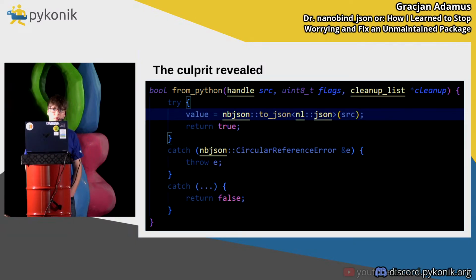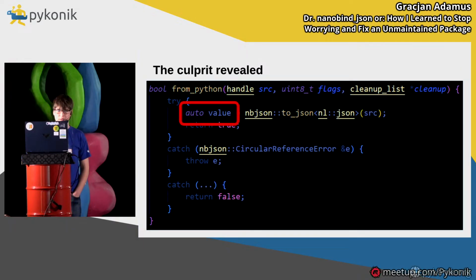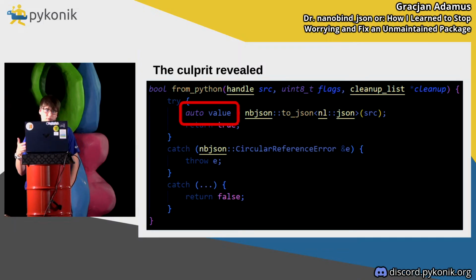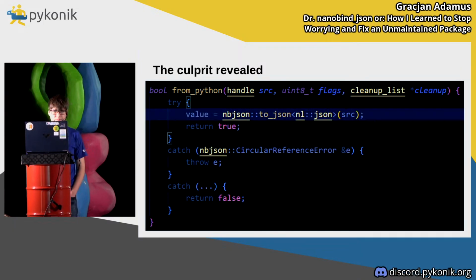The value is a field already in that class or class template. And we should just write the value there, and somewhere along the line, it will be read from here. But here, we overshadowed the name value, and we created some variable. So then when you try to read from it, it's a null. So that was a pretty simple thing for something that took me a lot of time.